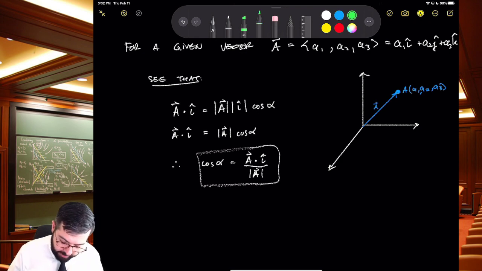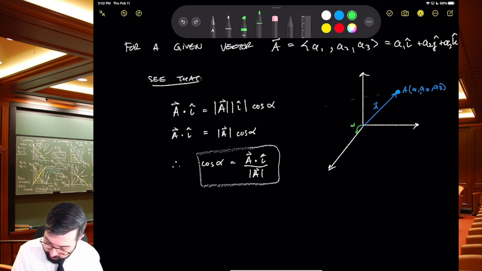And so what we're saying here is that the angle that this vector makes with the x-axis, which is tough to see from this angle, is alpha.